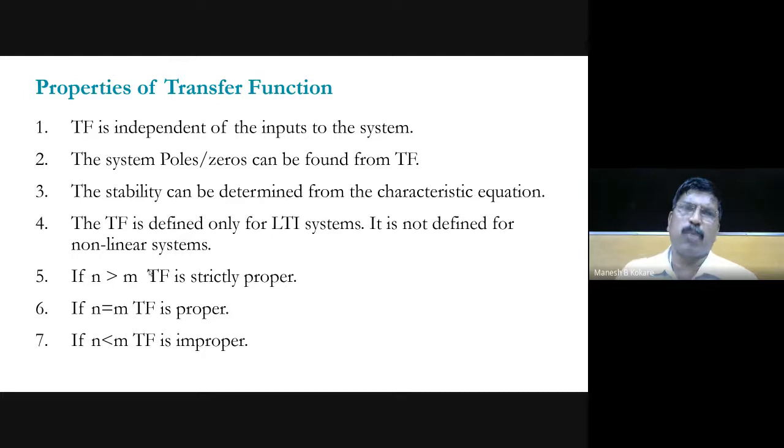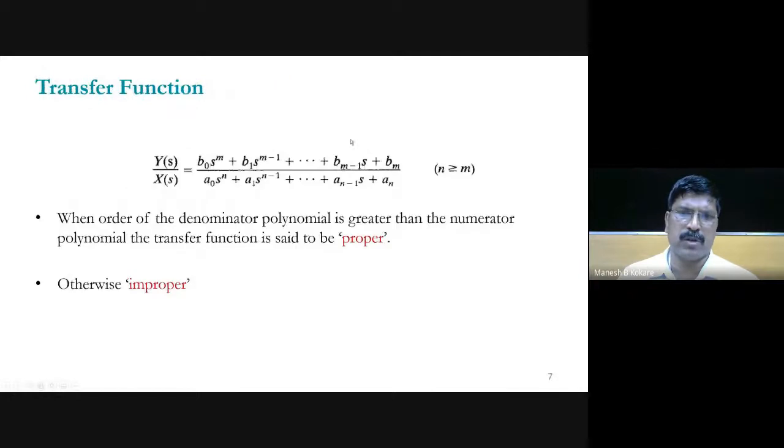Now, what are the properties of the transfer function? The transfer function is independent of the input to the system. See, once you determine the transfer function, it is not dependent on the input. Your output depends upon the transfer function and the input, but the transfer function does not depend upon the input.